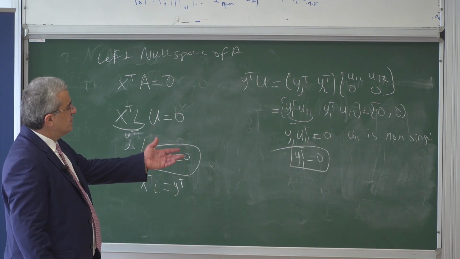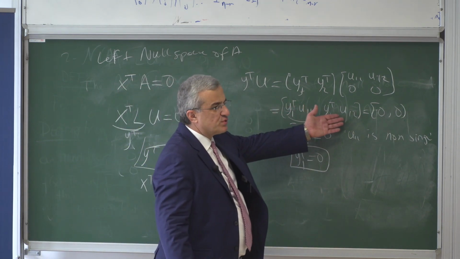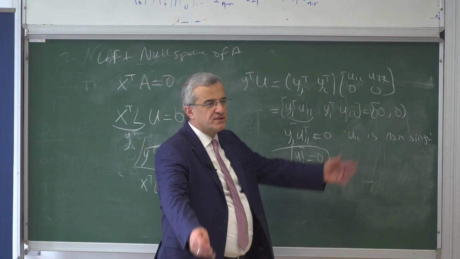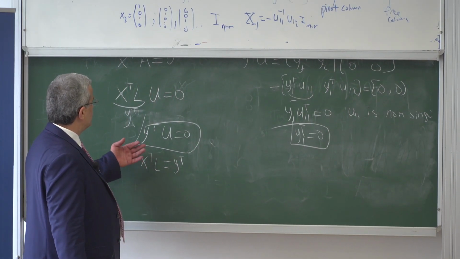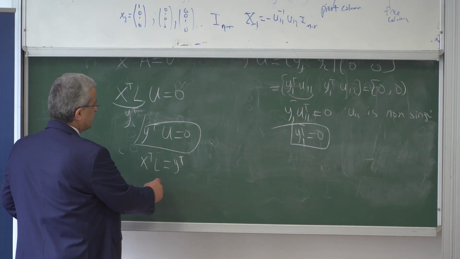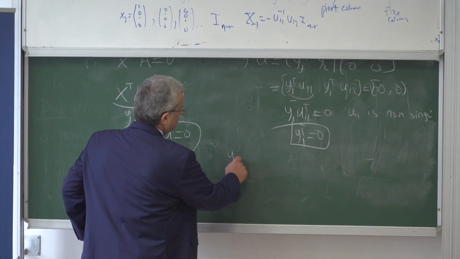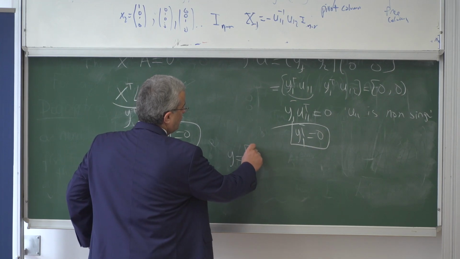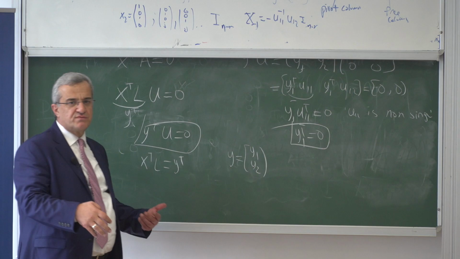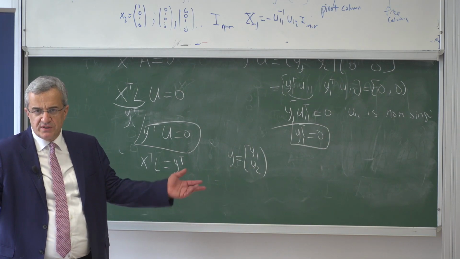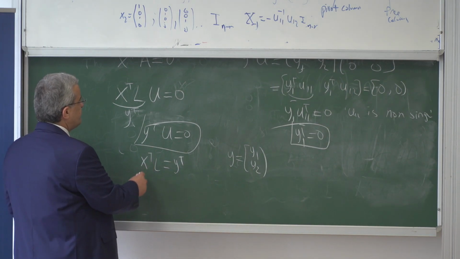And if Y1 transpose equals 0, of course, this is also 0. So how do we find Y2? Okay? So you have here then Y is equal to Y1, Y2. There is no condition on Y2. That means Y2 is a free variable, right? So how do we pick that one?